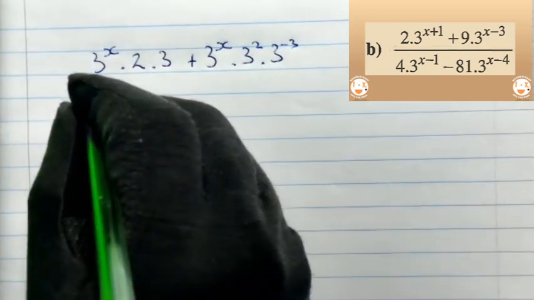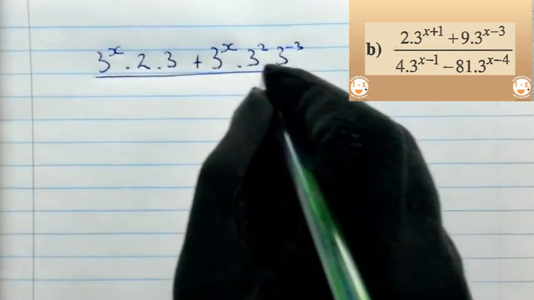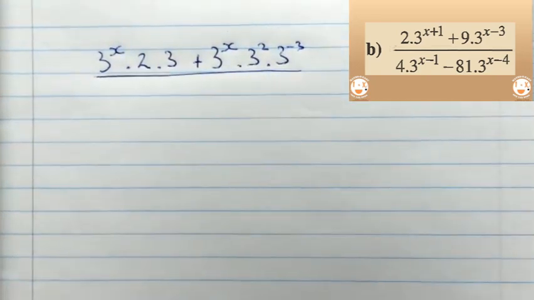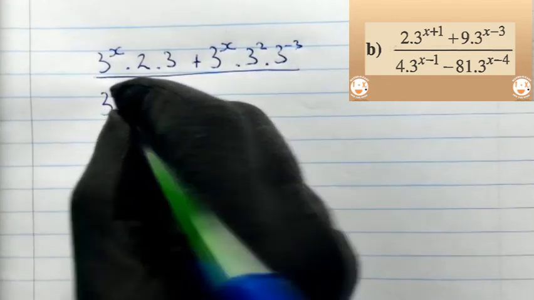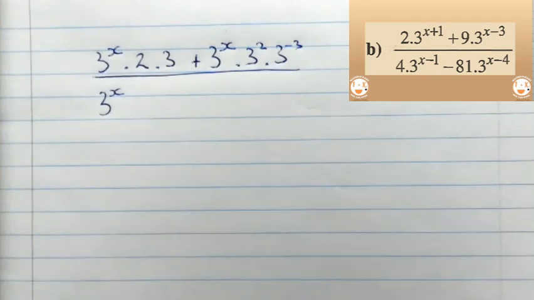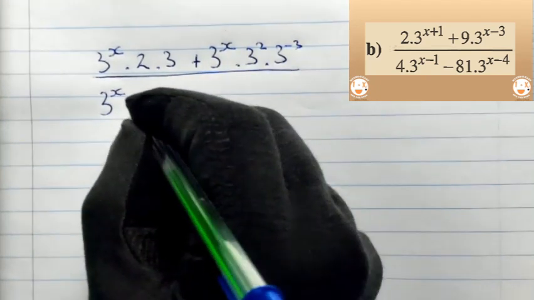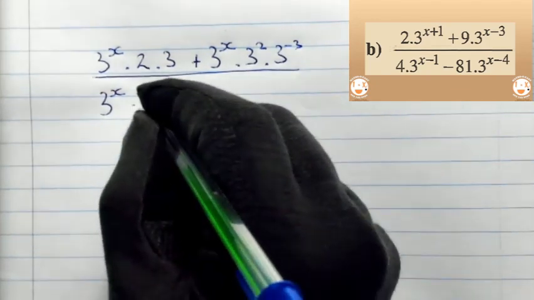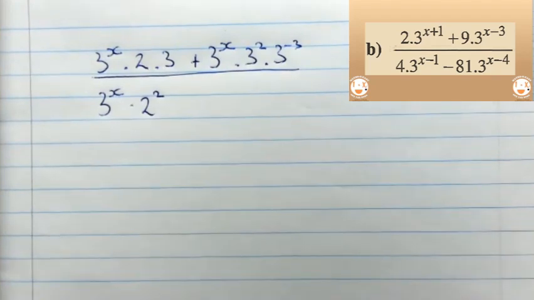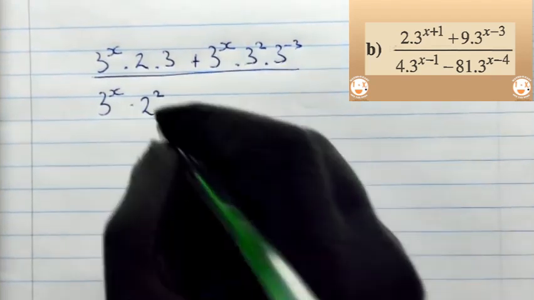You see when you get used to it, how fast you can be. Then you sort it. I start with my alphas again. Then I go, what did I follow? I followed with a 2, isn't it? Okay. I'll do a 2 squared. Then I'll do a 3 to the negative 1.